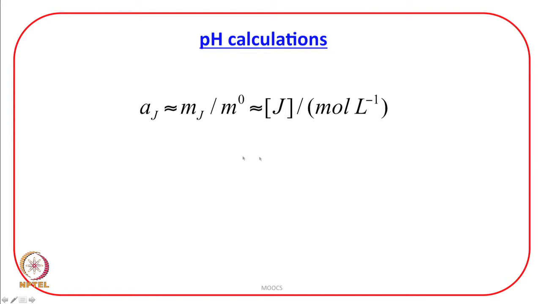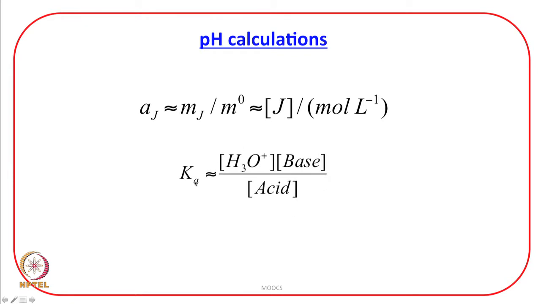And when the solution is very, very dilute, then the activity coefficient can be taken as 1 and we can equate approximately the activity to the molarity or molality, whatever way you want to express. Mole per liter is molarity.